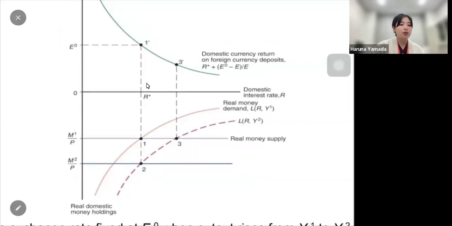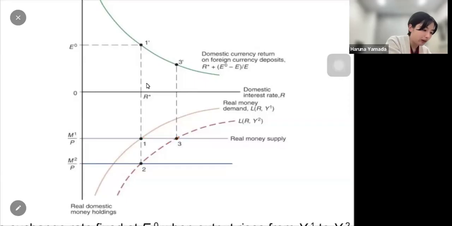So now output goes up from Y1 to Y2. Then real money demand increases, and the economy moves to point 3 under the fixed money supply.